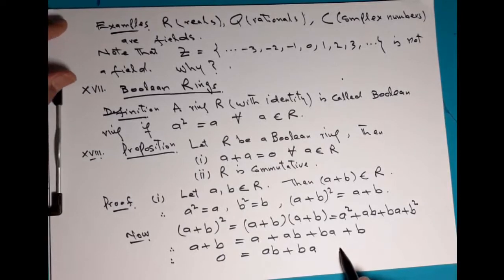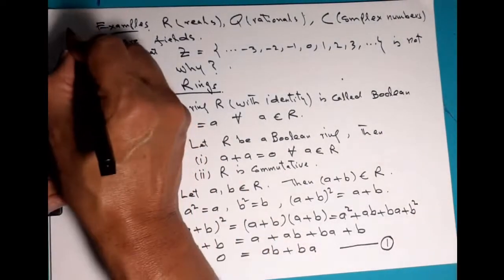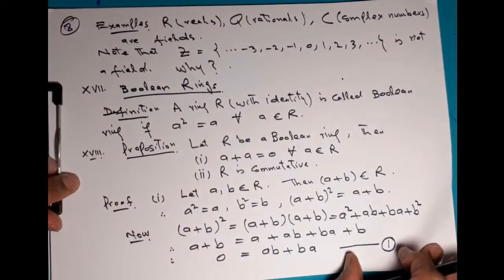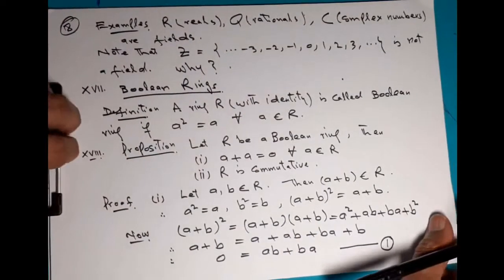Let's call this 1. So ab plus ba is equal to 0.